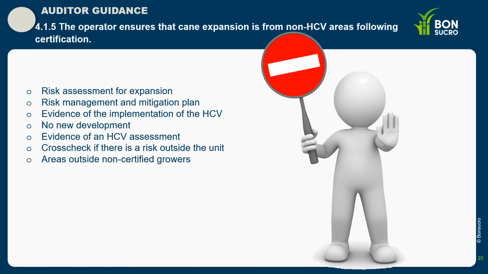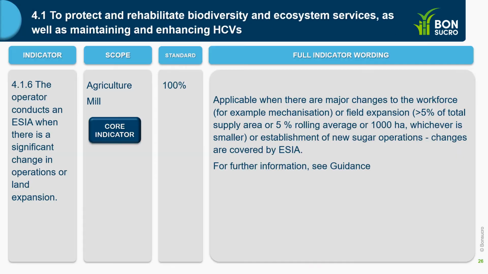Of course, they also need competent workers or assessors to be sure that the input to the biodiversity management plan has been done correctly. So, no new planting: easy, no requirements, not applicable. New planting: please be sure that the risk assessment for expansion is done and well done.